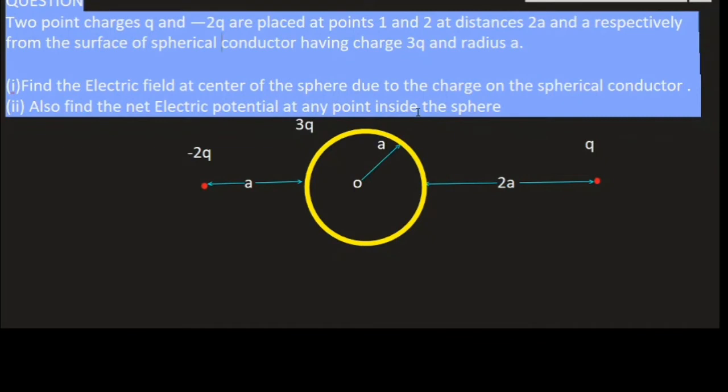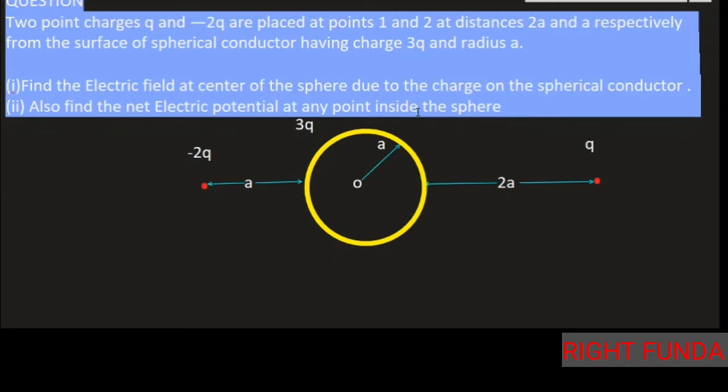Here is a very interesting question. Let's see what the question is saying. Two point charges, small q and minus 2 small q, are placed at points 1 and 2 at distances 2a and a respectively from the surface of a spherical conductor having charge 3q and radius a.